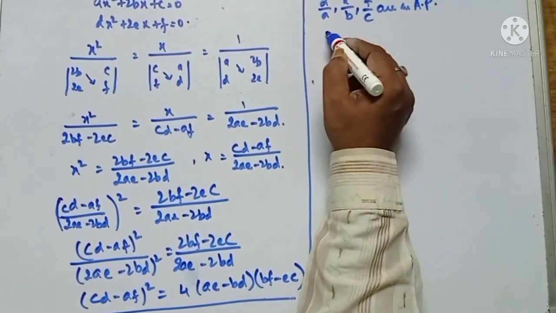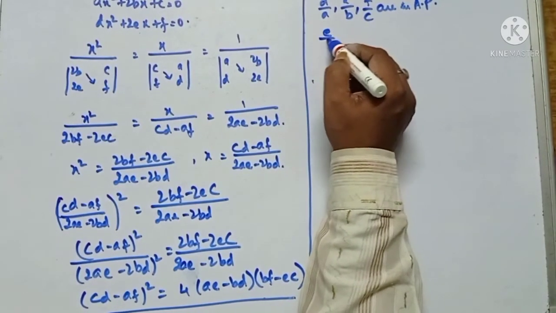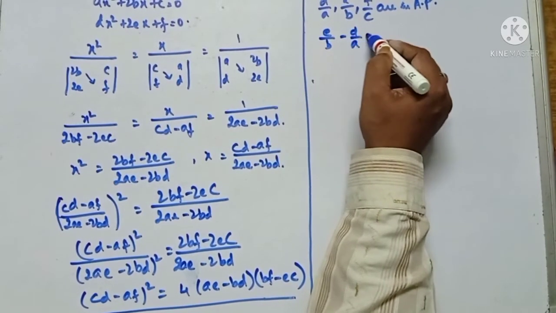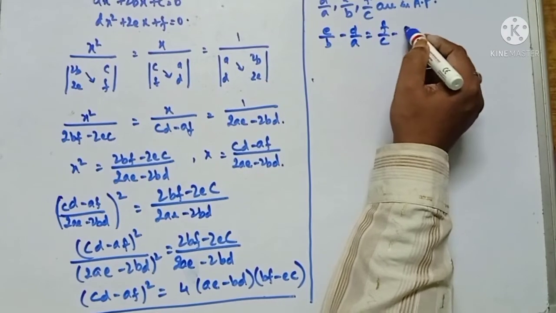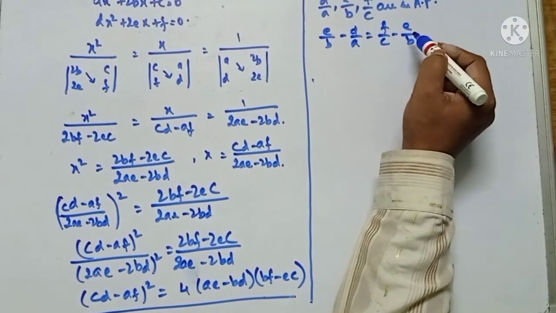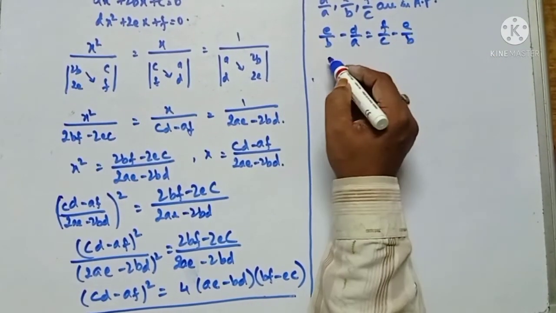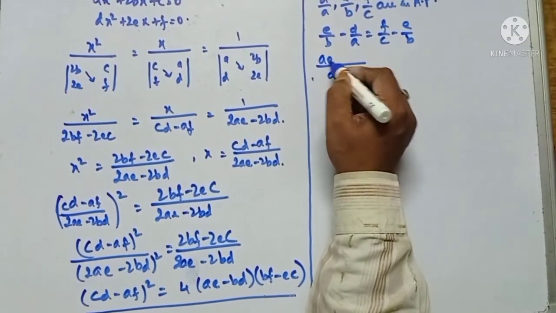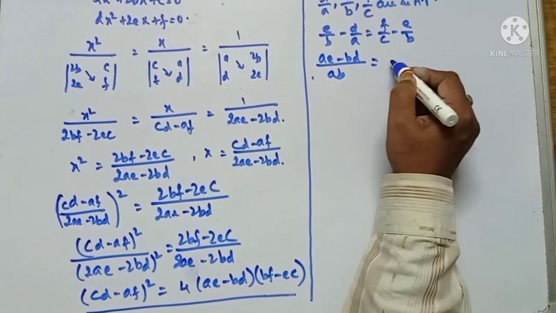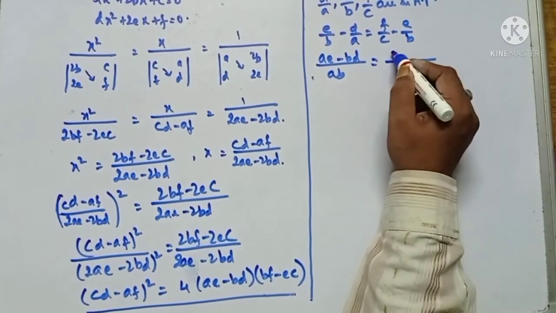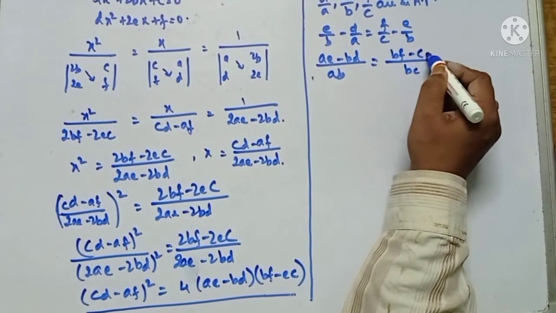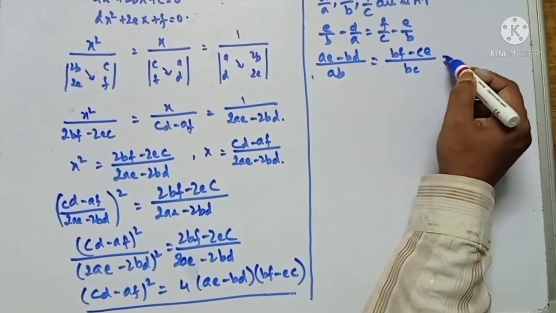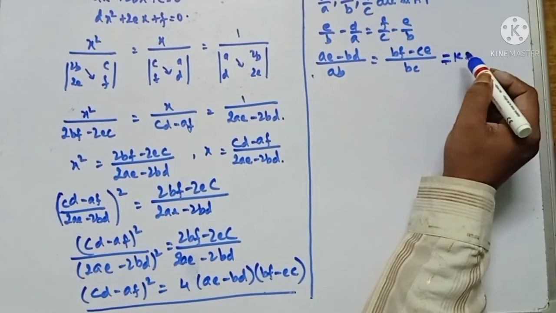Since they are in AP, E by B minus D by A is equal to F by C minus E by B. So here AB is your LCM, so this is AE minus BD, and here BC is your LCM, BF minus CE. Let us take this equal to K.